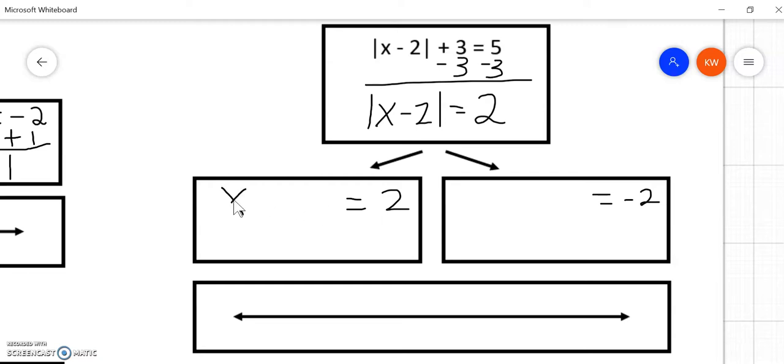So I have x minus 2 equals 2. And then I have x minus 2 equals -2. Now, both of these have the same first step. Both of them are being subtracted by 2. So we're going to add by 2.